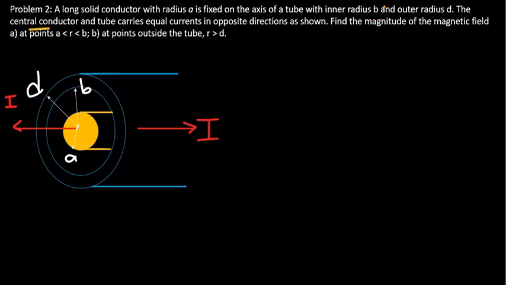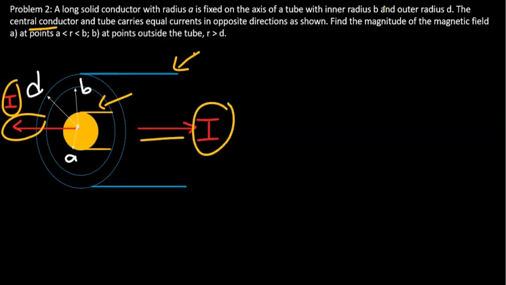The central conductor, that's this one right there, and the tube, that's right there, carries equal currents in opposite directions. So the yellow conductor carries current in that direction to the right, and the external tube carries the same amount of current, but in an opposite direction.